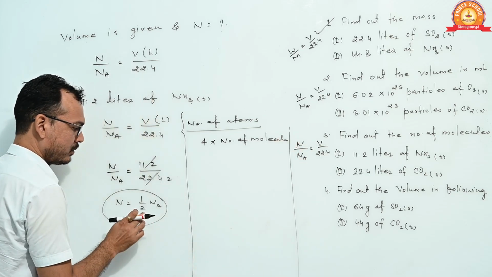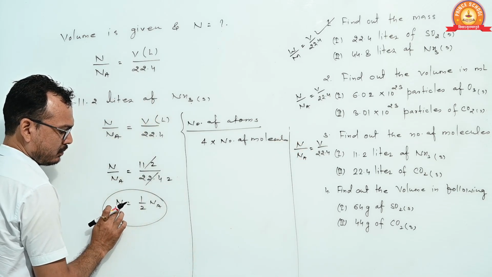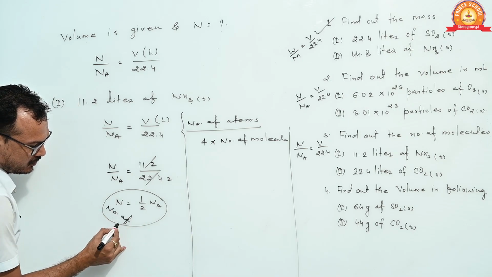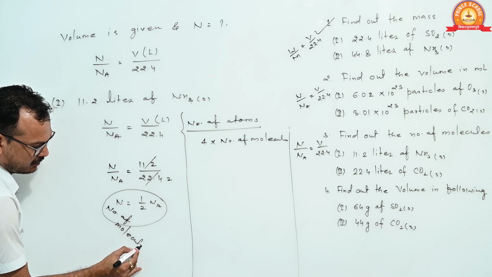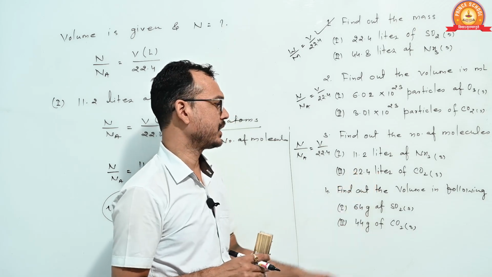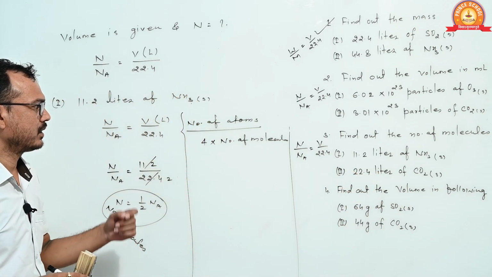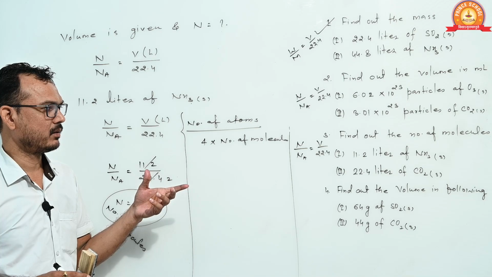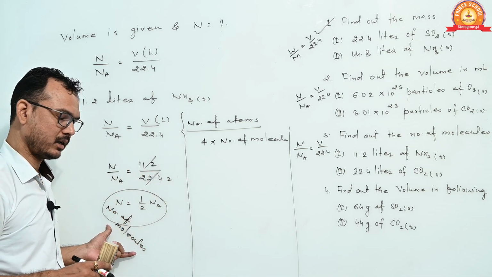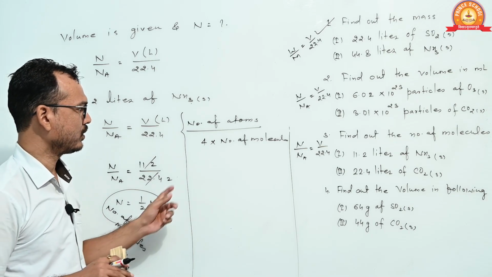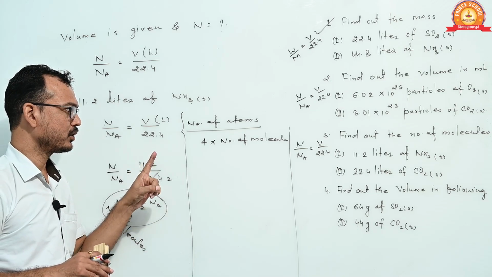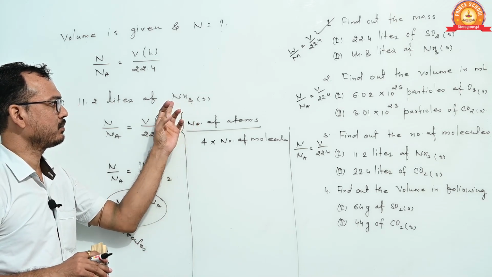In this question the number of particles is the number of molecules. ये क्या है आपके पास, number of molecules है. मैं ऐसा कहना चाह रहा हूँ कि इस क्वेश्चन के अंदर यदि और क्वांटिटी अपने से पूछी जाती, भाई what is the number of atoms of 11.2 liter of NH3, then firstly find out the number of molecules, then convert the number of molecules into number of atoms, because we know that one molecule of NH3 has 4 atoms, 3 plus 1.